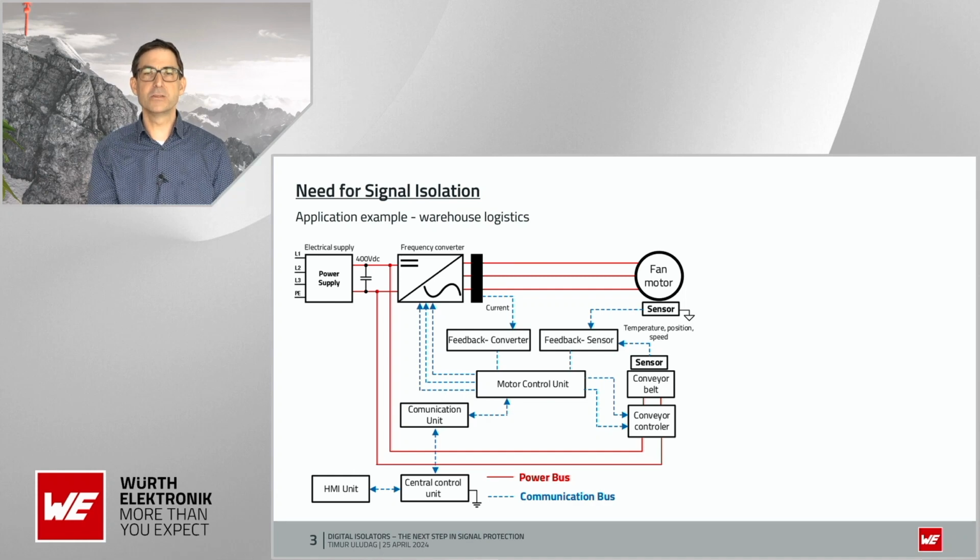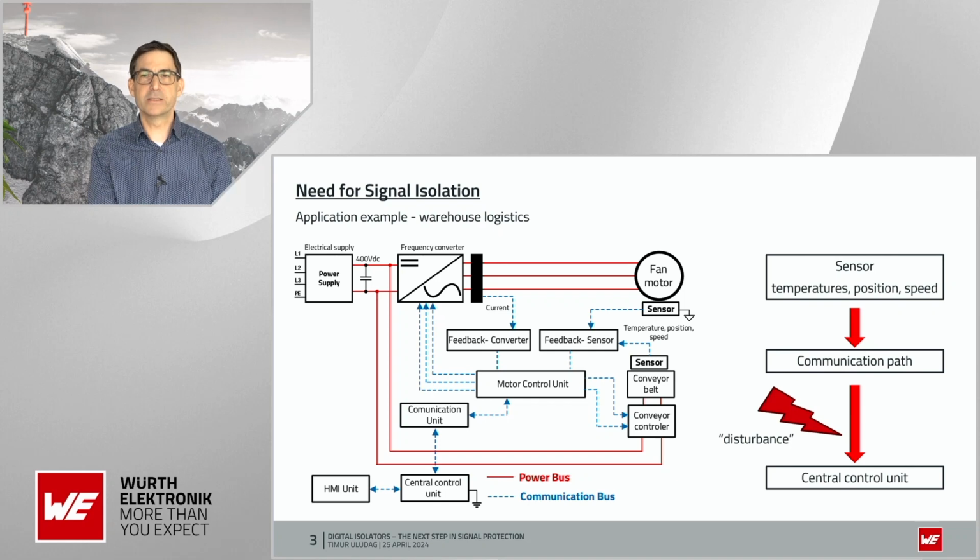This can lead to transients and to voltages that can exceed limit values, so that you can also be harmed and all the electronics can be damaged. Simplified, you can see it on the right here. Sensor, temperature, position, speed. You have the communication path, and then you have these disturbances represented by an arrow. And this goes to the central control unit and disturbs there.